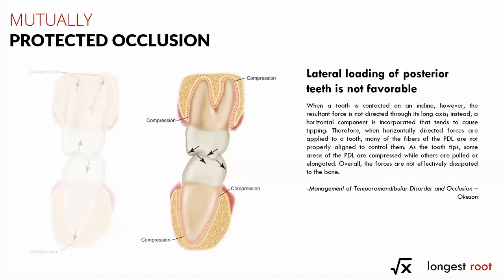So you see those arrows on the occlusal table? That's what it's trying to signify, that we're pushing these teeth off axis, okay? So now instead of just the apical portion that's put under compression, you have a greater number of PDL fibers under compression, okay? So in theory, less favorable, right?